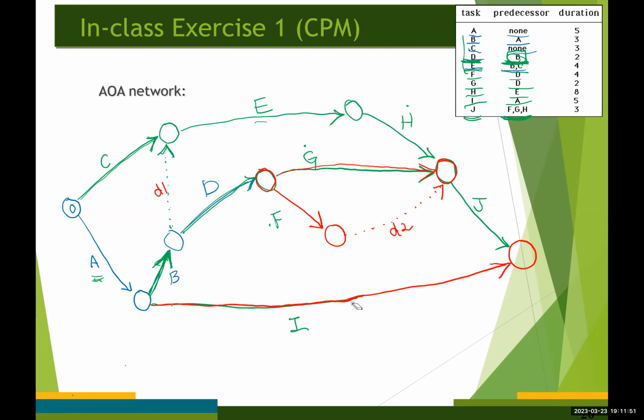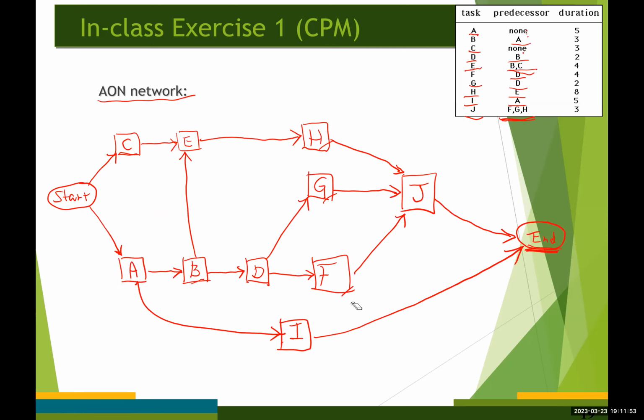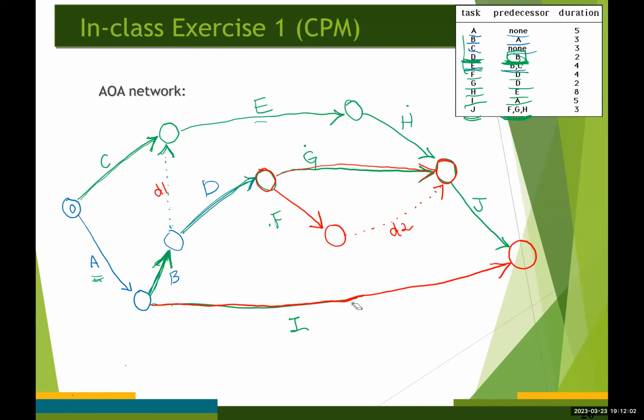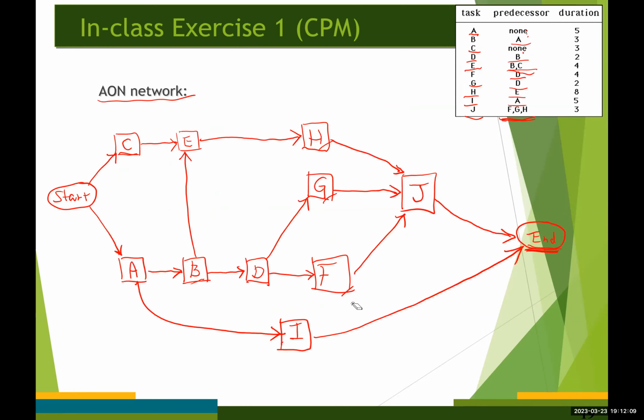Obviously, if you compare these two network diagrams for this example, the AON and AOA networks, you can see that constructing the AON network is relatively easier than the AOA network.